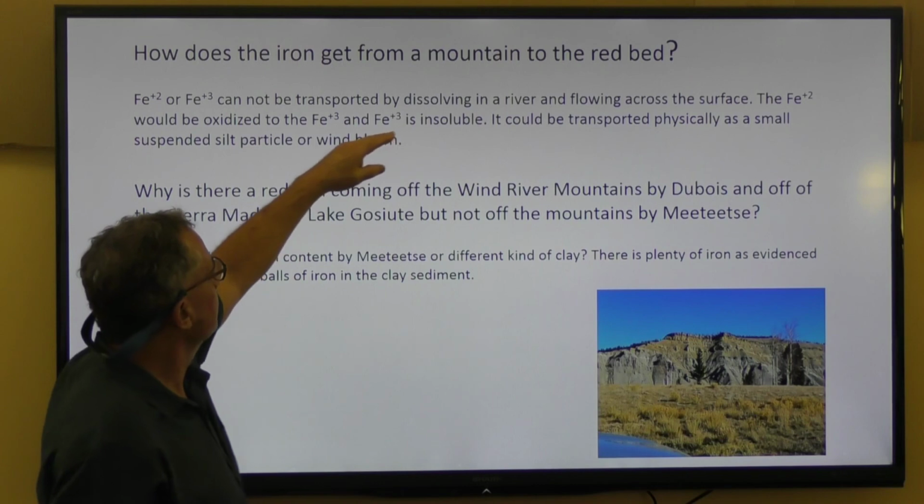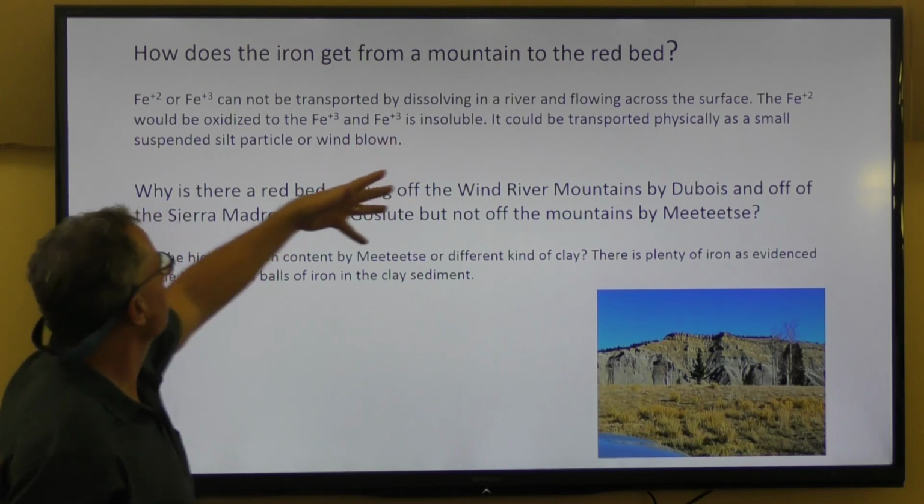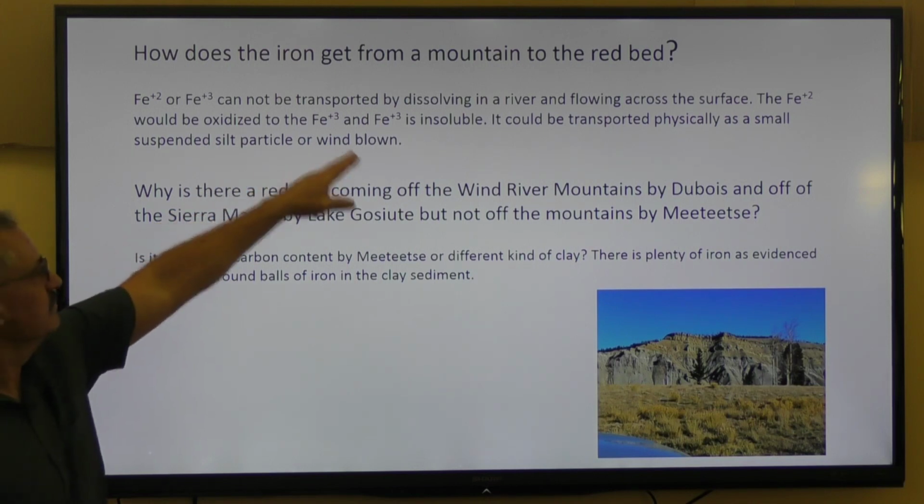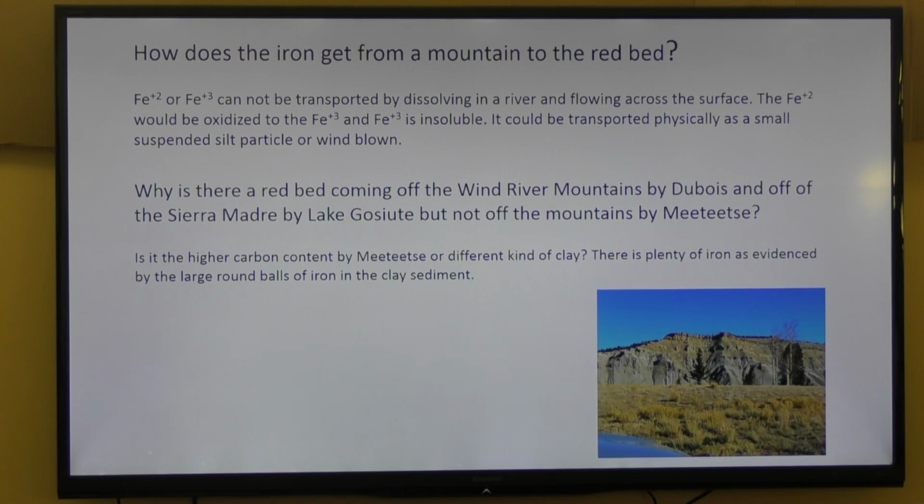Fe+2 can't be dissolved in a river and transported because it would be oxidized to Fe+3 and precipitate. So it could be transported as a small suspended silt particle, like you see each spring sometimes in the Hobax often has red flow, or it can be wind blown. So I think that most people think that the iron in the Chugwater formation was blown in by wind. No. I don't know. I don't know how you tell.